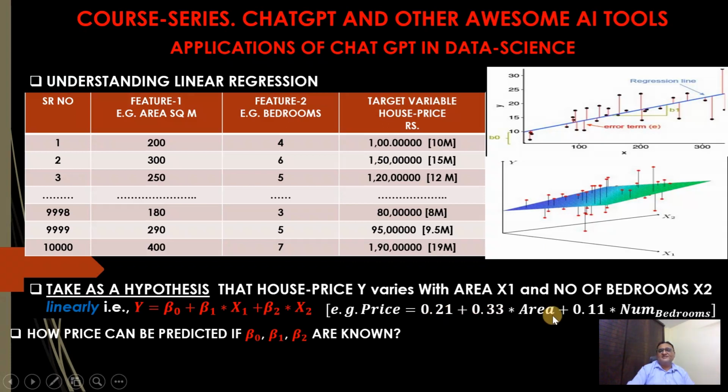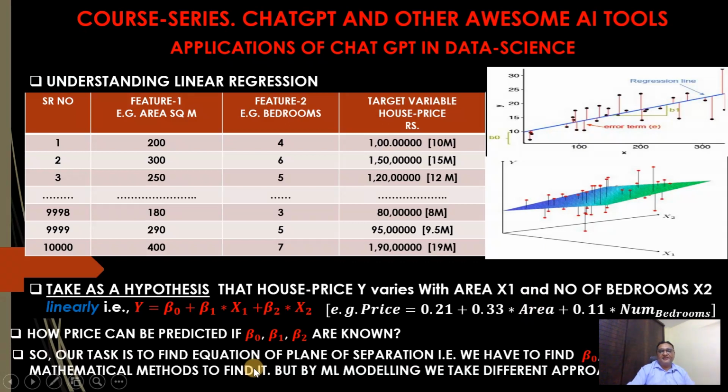Because as I said, once they are found, you just have to go on plugging any area and any number of bedrooms, and you can easily predict or actually calculate the price of that house which has that much area and that many bedrooms.